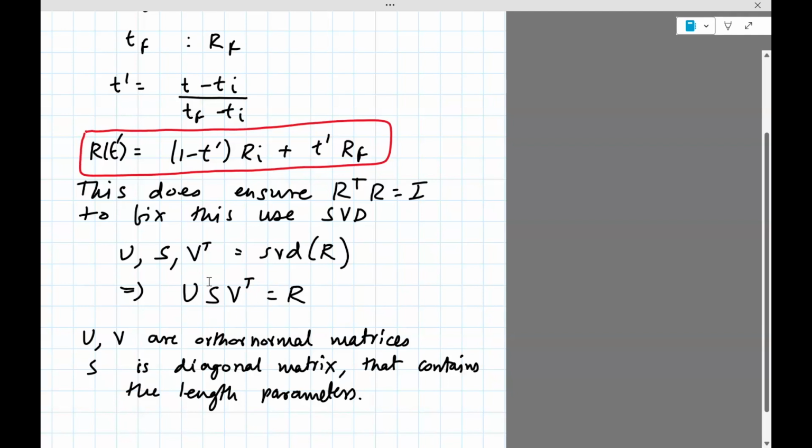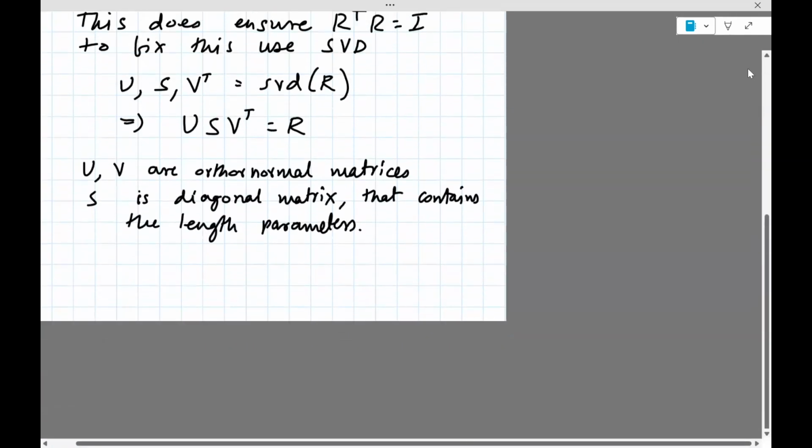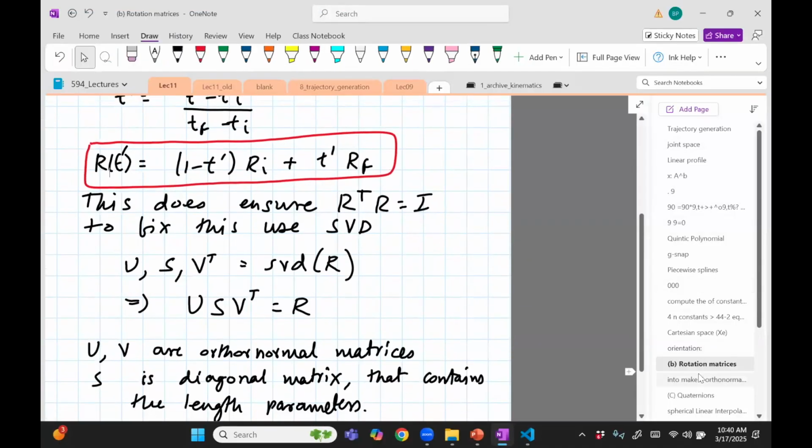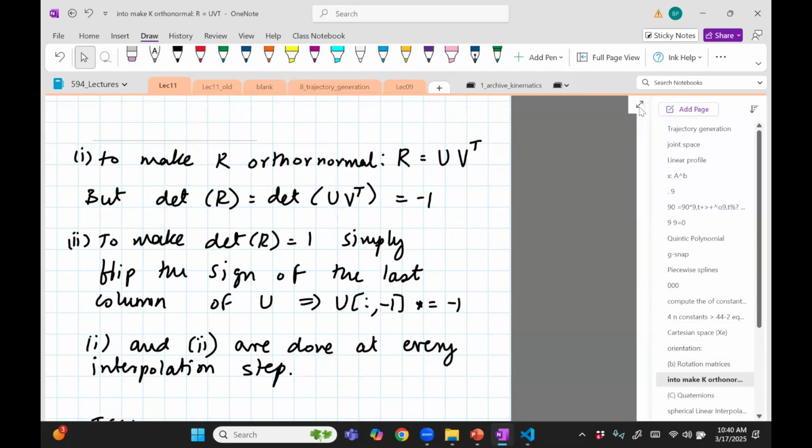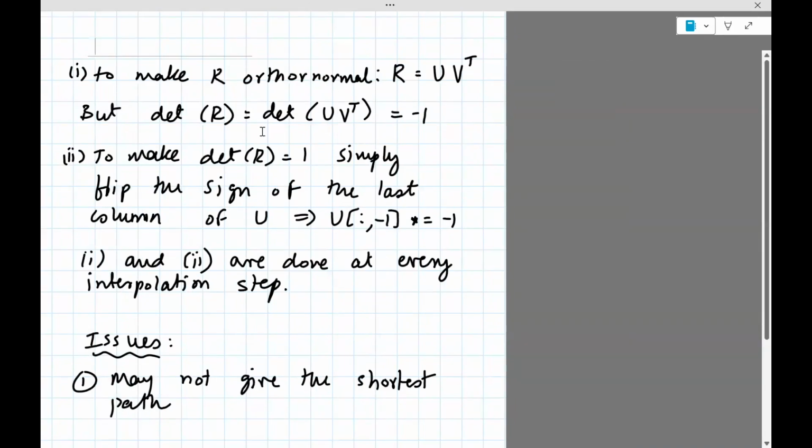So the length is hidden in S. In order to make R transpose R equals I at every time step, you essentially strip off the S. So here, to make R orthonormal, we just strip off the S. You can see it over here.